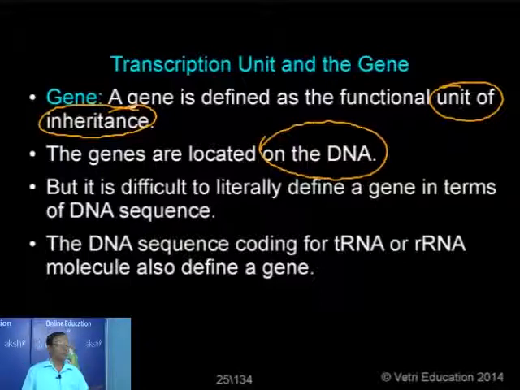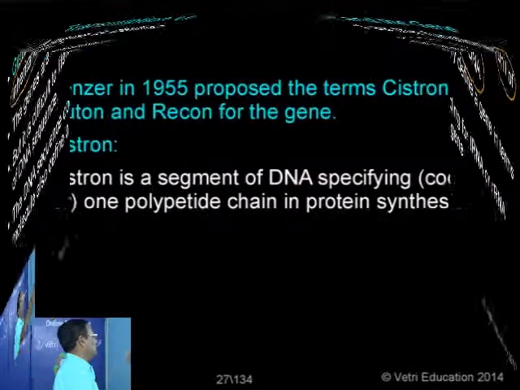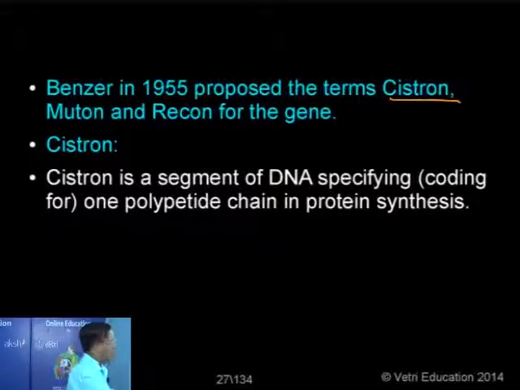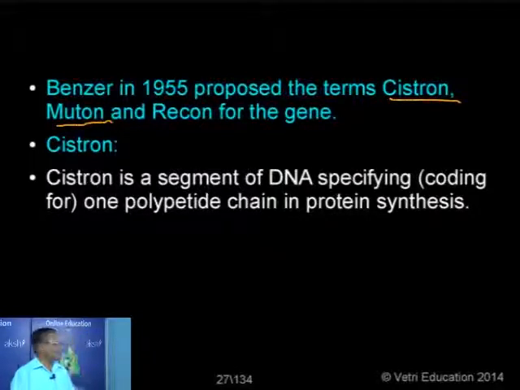Here I mentioned tRNA or rRNA, they are also being synthesized under the influence of the DNA sequence only, and those DNA sequences responsible for the synthesis of tRNA and rRNA are also defining the gene. So Benzer in 1955 proposed the terms cistron, muton and recon for the gene. He was the first person in 1955 to propose the terms cistron, muton, recon for the gene.